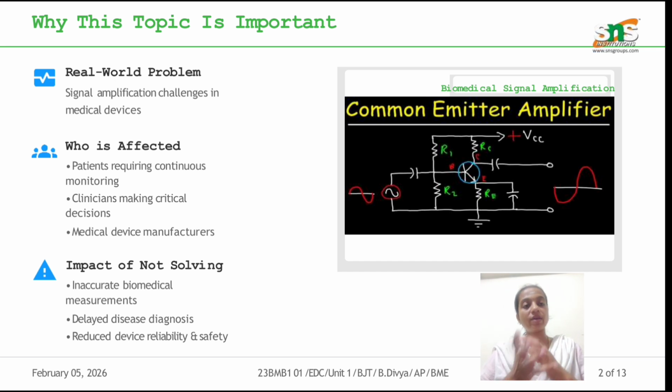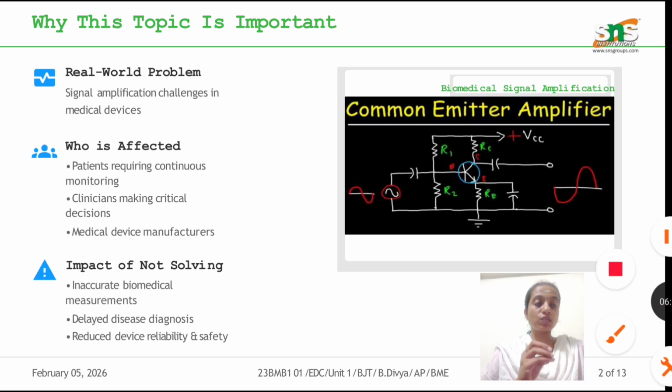Okay, why are we taking up this specific topic, the BJT, bipolar junction transistor? The real world problems have to be identified, who is getting affected by these problems, and how this is going to impact people. See, the common emitter amplifier is mentioned over here.